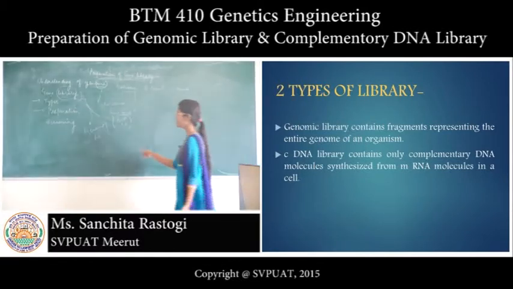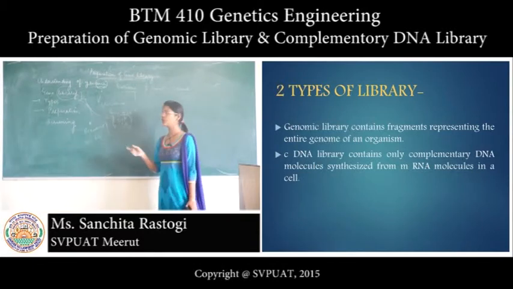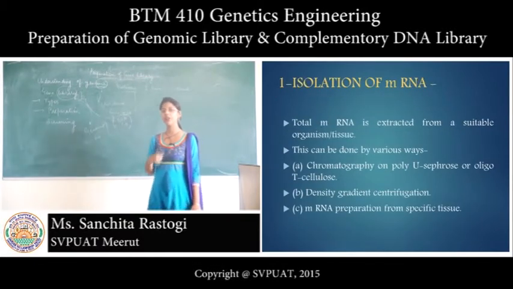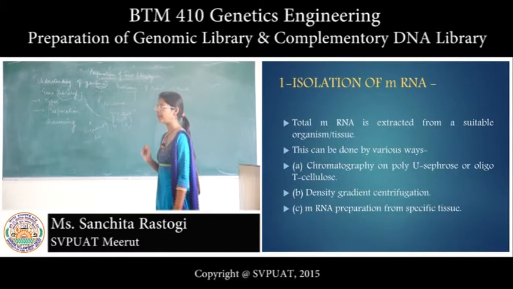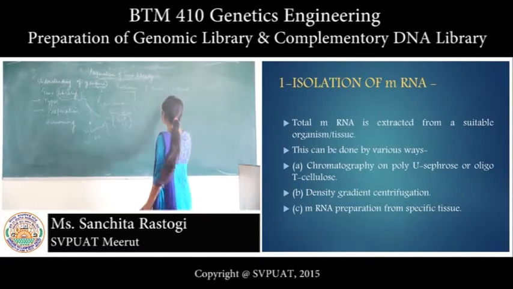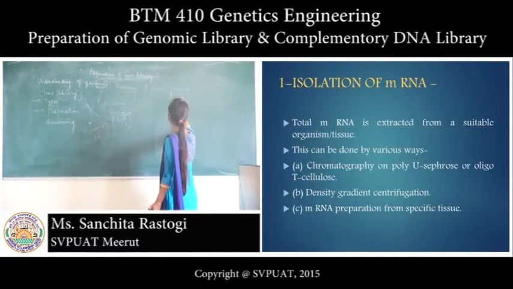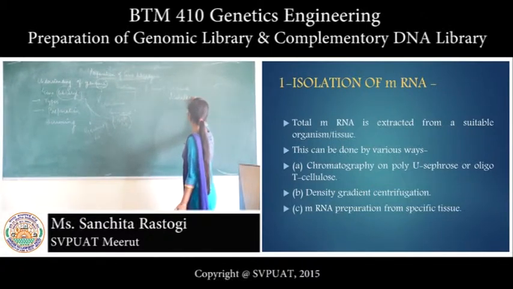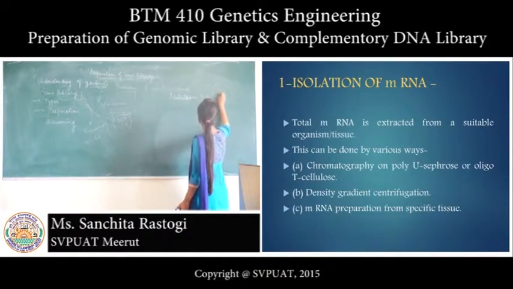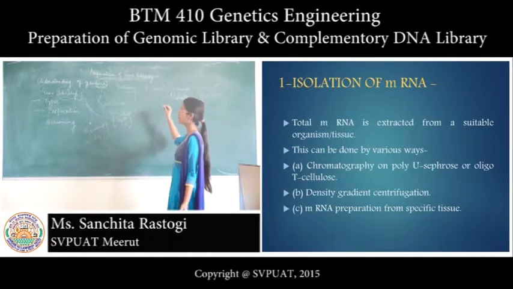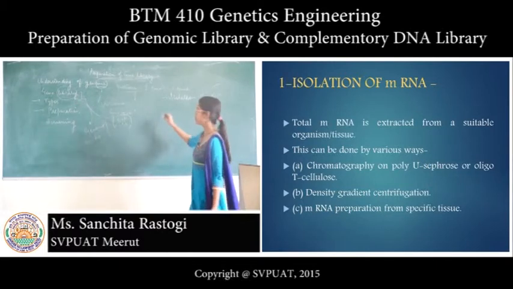For the preparation of cDNA, as we all know that cDNA is obtained from mRNA, we need to isolate a particular type of mRNA from a particular type of tissue or cell. So first we isolate the mRNA. Then after isolation of mRNA, we need to convert it into cDNA.